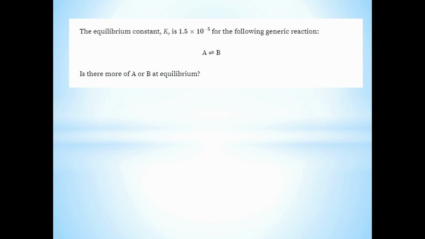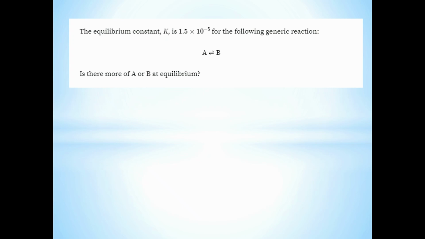So I've got an equilibrium constant that's 1.5 times 10 to the minus 5. When we look at the equilibrium constant, we're not going to have decimals for the most part. We're going to list things in terms of scientific notation. Then we can look at the exponent. I've got an exponent of 10 to the minus 5.